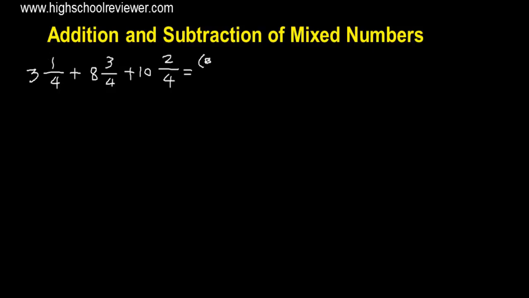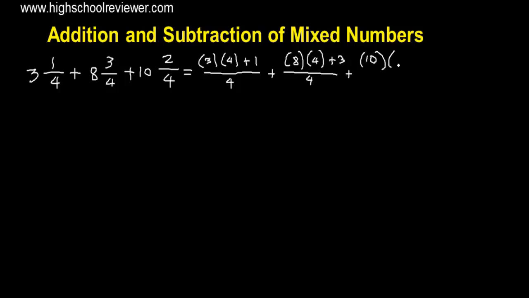We have 3 multiplied by 4 plus 1, and the denominator is 4, plus 8 multiplied by 4 plus 3. The denominator is 4, plus 10 multiplied by 4 plus 2 with the denominator of 4.